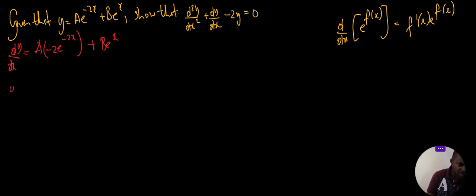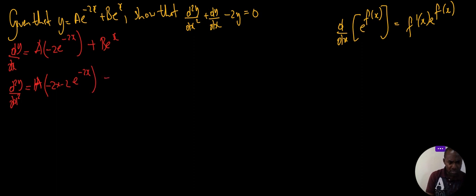And then now we can say that d2y by dx squared is equal to, we can still keep our multiplying constant a outside. And of course our minus 2 stays as well, since the minus 2 is a multiplying constant. But when we differentiate negative 2x, we're going to get negative 2, which we have to multiply by again. So we have minus 2 times minus 2, and then e to the negative 2x.